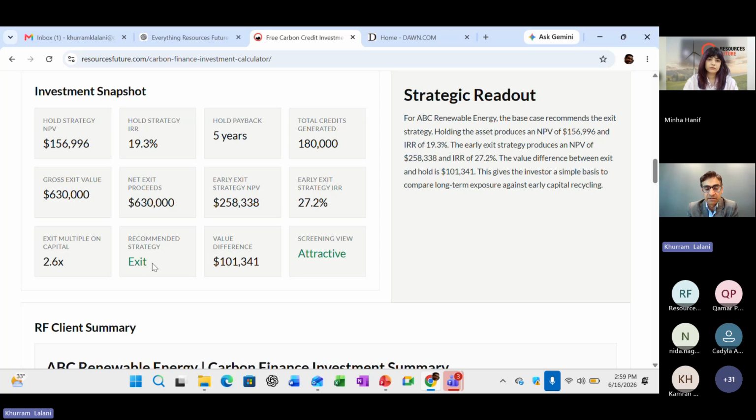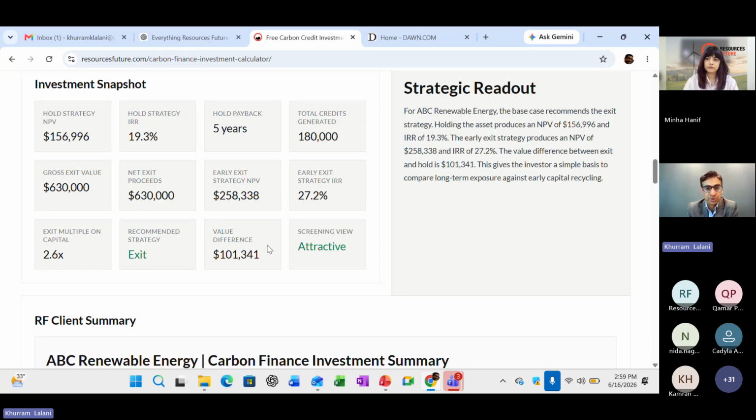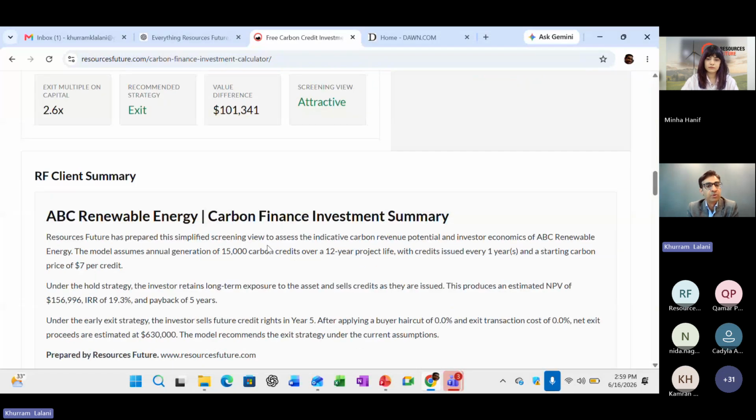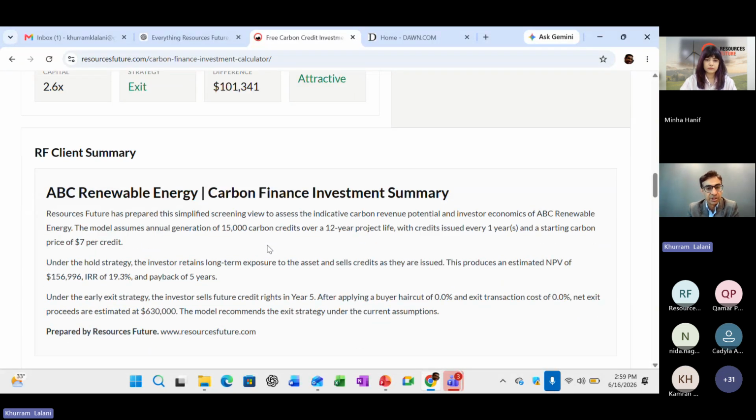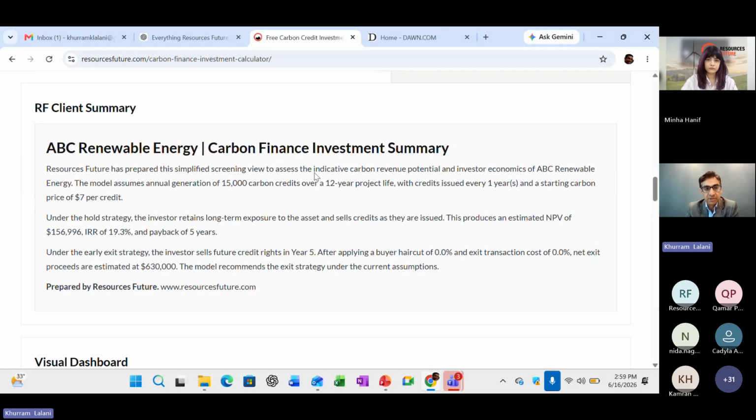And hence it is prudent as a financial investment case for me to just exit and not really hold it out. When you press the calculate investment screen, you will also see a narration description, a condensed summary that will be provided to you.